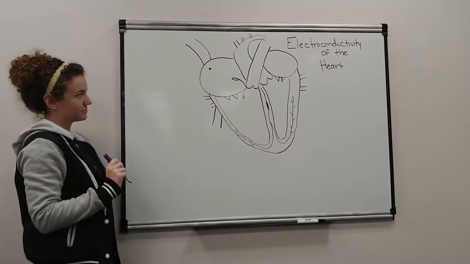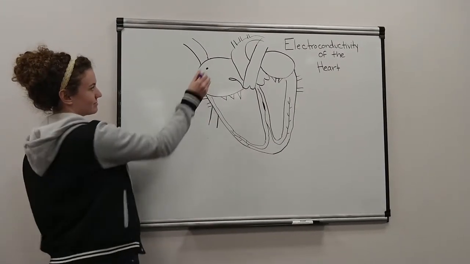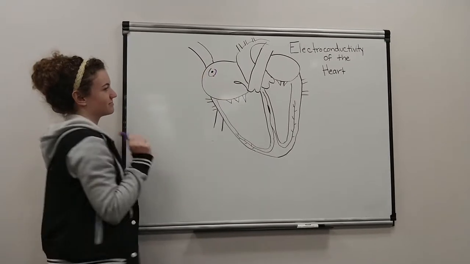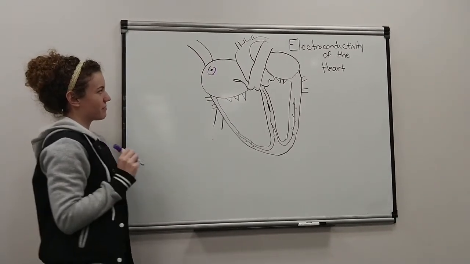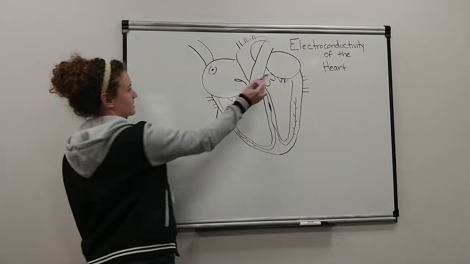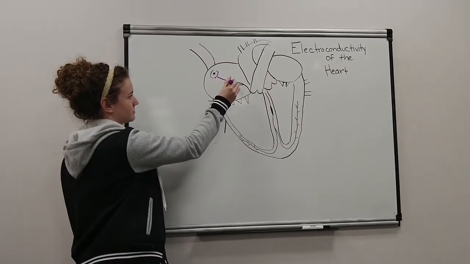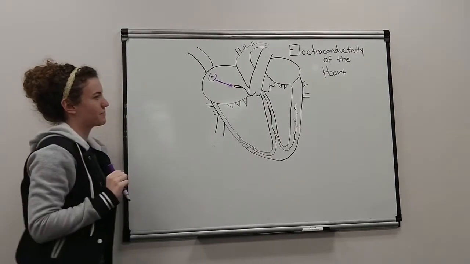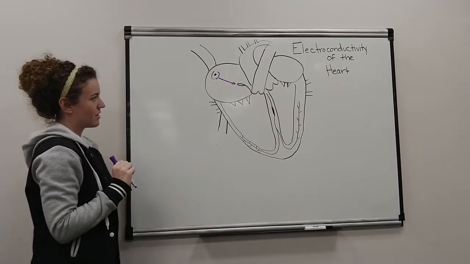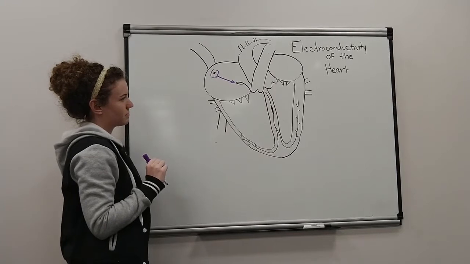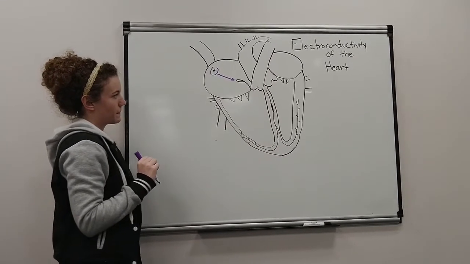The electrical conductivity of the heart begins with the SA node, also known as the sinoatrial node. It sends an electrical signal to both atria simultaneously. This signal continues to the AV node, also known as the atrioventricular node, where it is delayed for 0.1 seconds to allow the atria to contract.